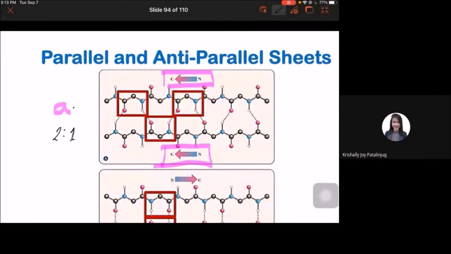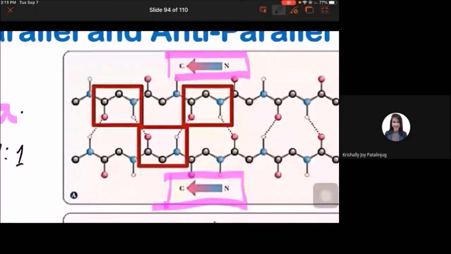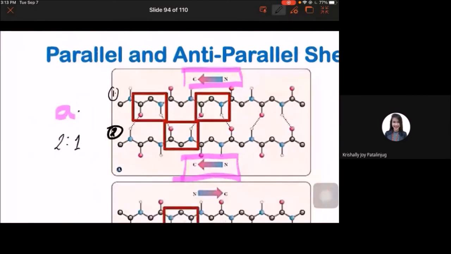Klaro naman sa structure: may nakabox sa taas na dalawang residue, sa baba na chain isang residue. 2:1 because on the first chain, two residues share with one residue of the second chain, forming hydrogen bonds.